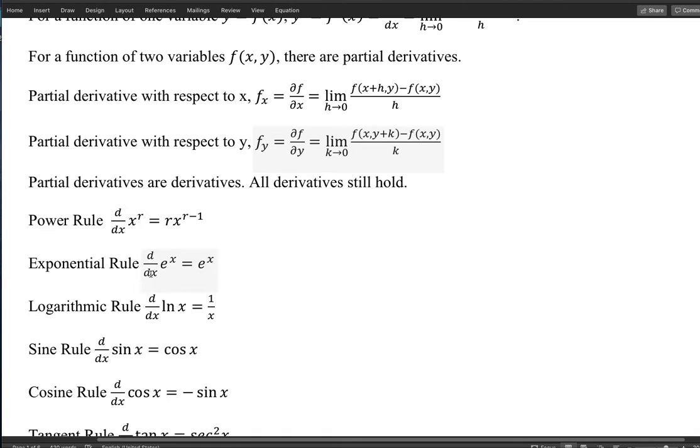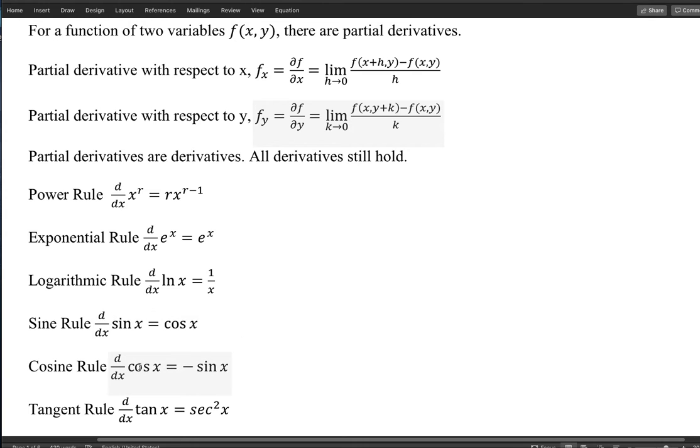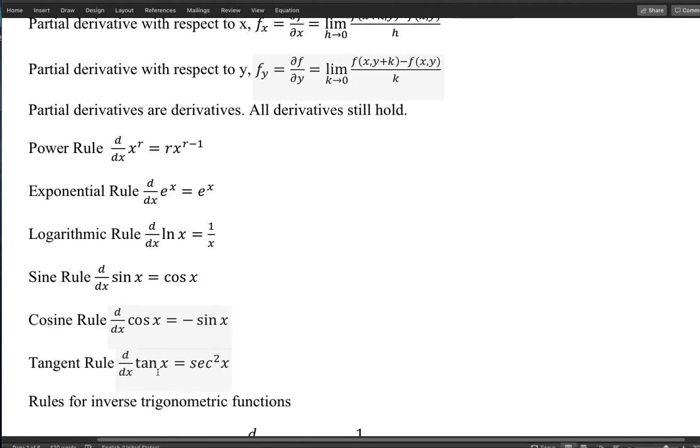The second one is the derivative of an exponential function, then the derivative of the natural logarithm, the derivative of sine x, cosine x, and tangent. For trigonometric functions, it is expected that you know very well the sine and the cosine, then tangent.